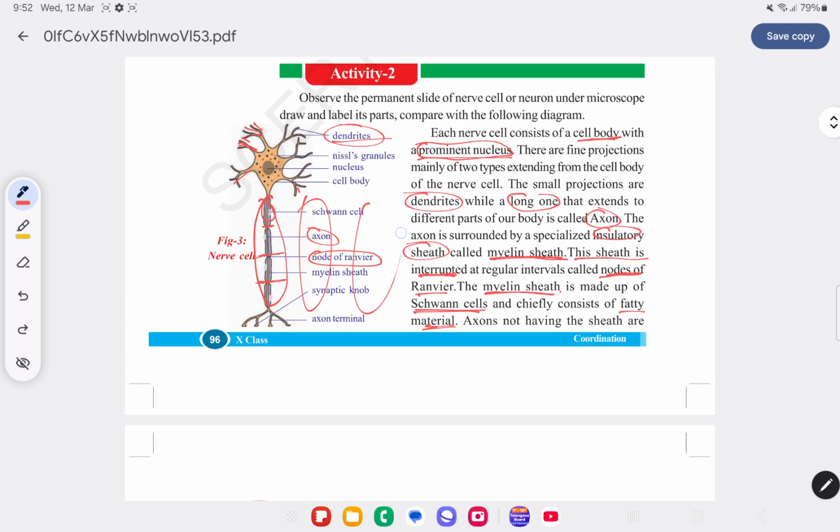There are so many nerve cells actually, so between every axon there will be some gap, and that covering will be done with the help of fat only. One axon will have its own myelin sheath, another axon will have its own myelin sheath. Like this, millions of nerve cells will be there together. So here we are discussing only one, but there are millions together. We'll see how they are connected, which is called synapse. In the coming topic we'll get it.